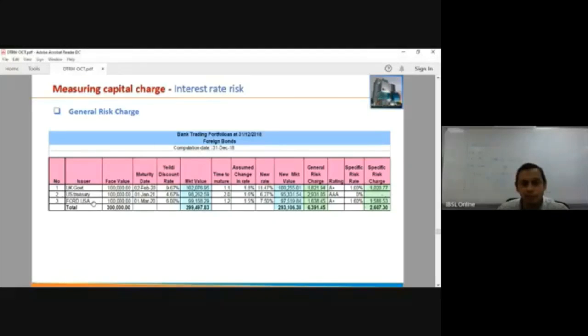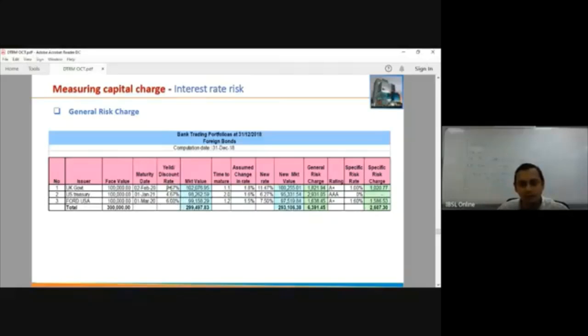And again, it's a foreign company, not in Sri Lanka. Okay. Now you have the face values and dates to maturity. So the UK government bond is maturing on 2nd February 2020. And US Treasury bond 1st January 2021, and the Ford company bond 1st March 2020. And the yield rates are given.